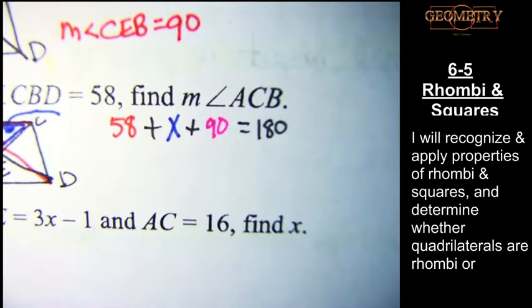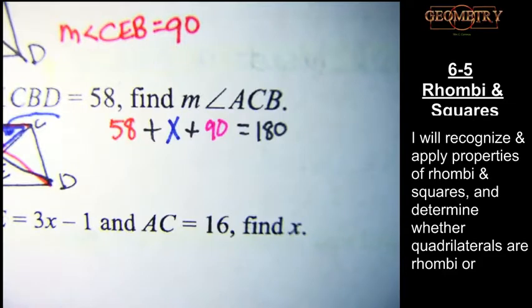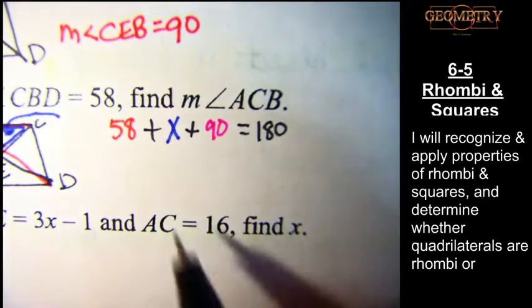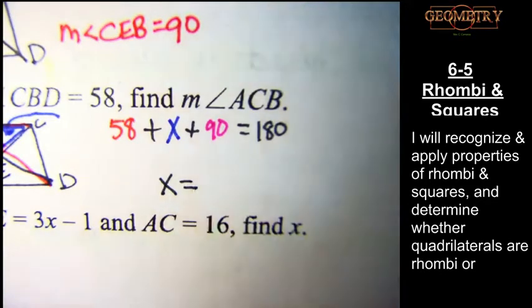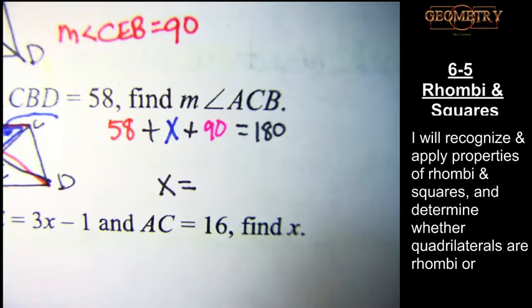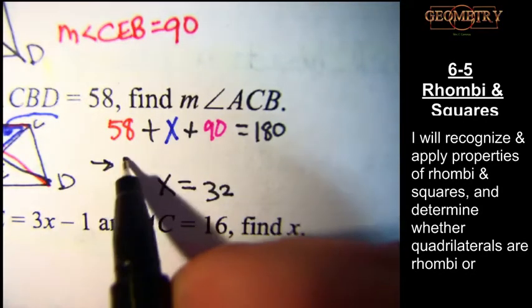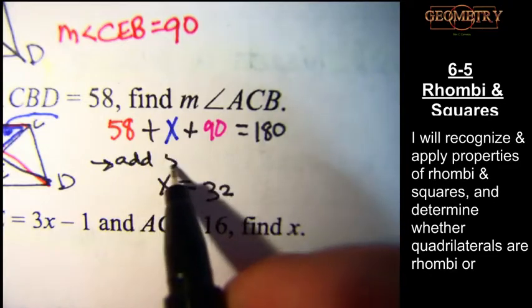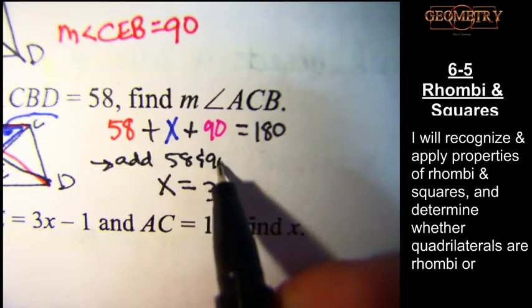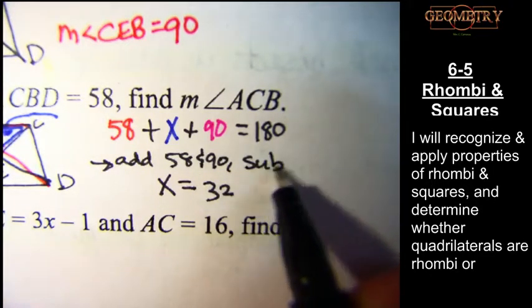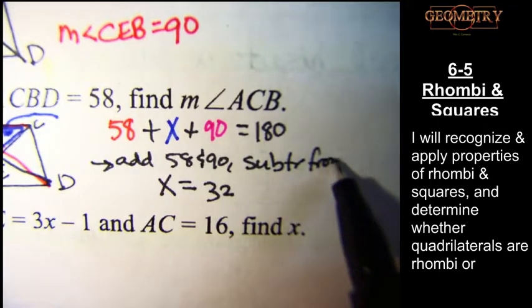What do I need to do? Add two angles and subtract. Yep, add the two angles, subtract from 180. Okay, do it and then tell me what my answer is going to be. 32. And to get this, we add 58 and 90, then subtract from 180.